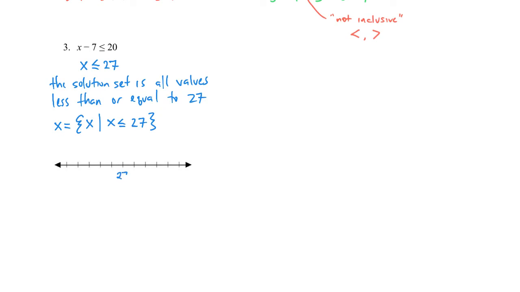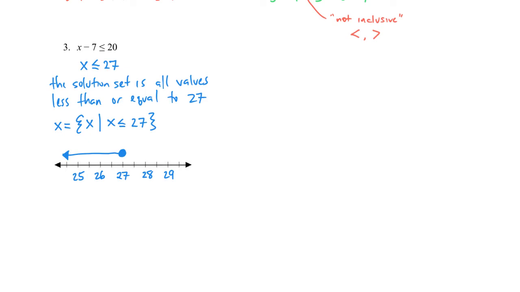How do I do that as a graph? First, I'm going to label. And then, since this time I want all the numbers up to 27 and including 27, I'm going to use a closed dot instead of an open dot. And I want all the values that are less than 27. So that's like 26, 25, 24. Whoops, I messed up my graph here, huh? That should be a 25.